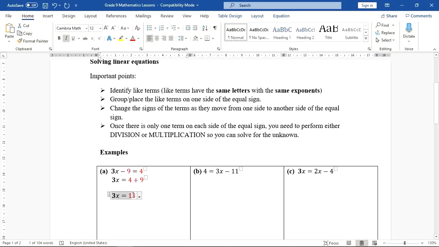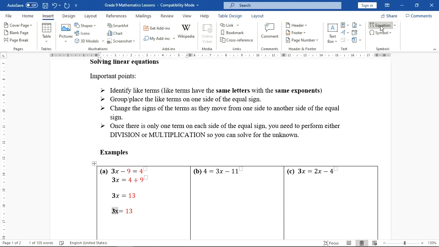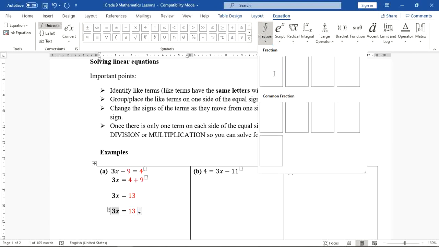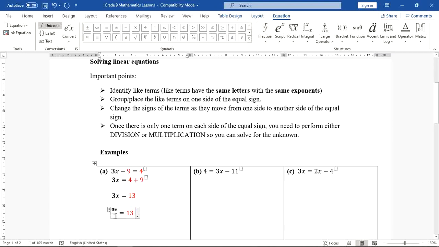We are going to divide both sides by 3, not by 13 but by 3, so that the 3 will cancel and we just end up with x. We need a fraction here, divided by 3.